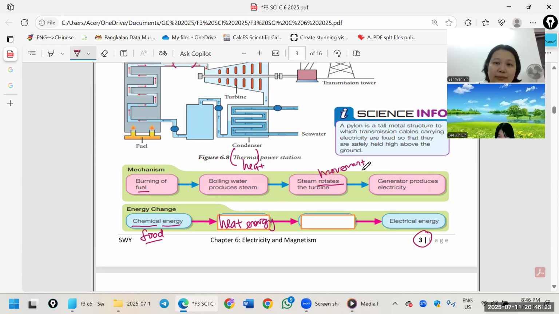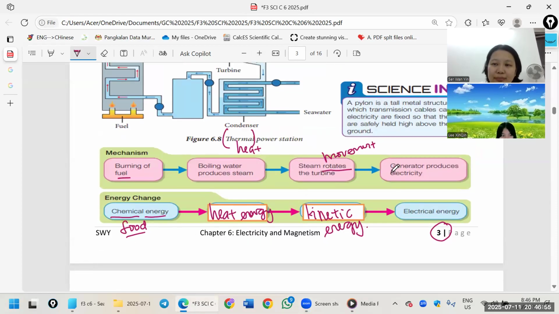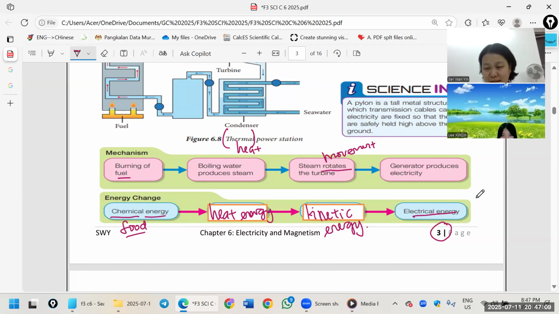Kinetic energy. Let's memorize. Okay, then kinetic energy will turn the magnetic flux cutting the wire coil, so it will produce electricity.